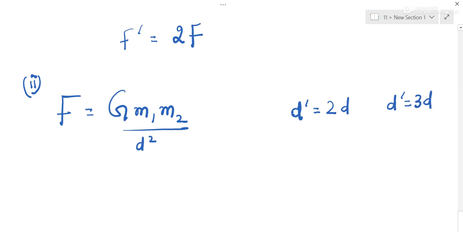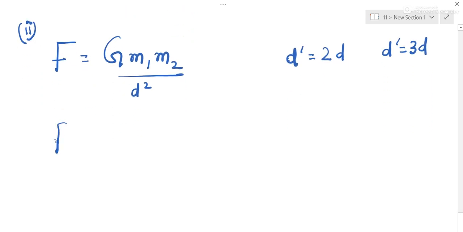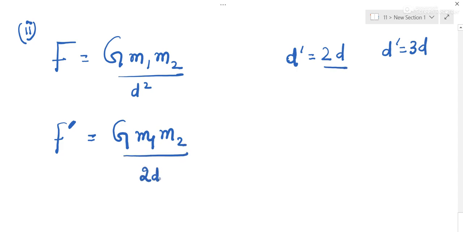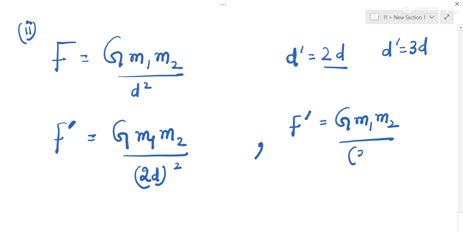So let us substitute. So new force is equal to capital G, mass of first object, mass of second object, distance square, it is doubled. So it is 2d square, and when it is tripled, then new force is equal to G m1 m2 by 3d square.